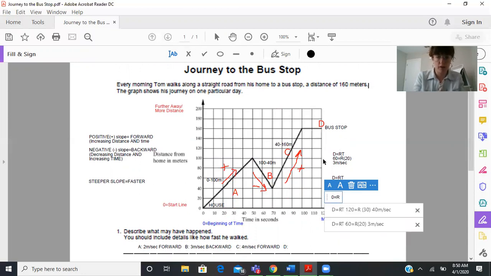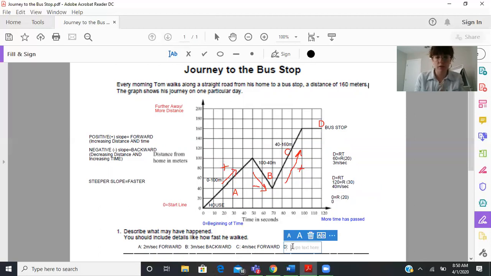My rate we're trying to figure out, and my time is 20 because 120 minus 100 is 20. If I divide by 20 on both sides to get the R by itself, 0 divided by 20 is 0. So it means that he was going 0 meters per second, which means he was not moving.